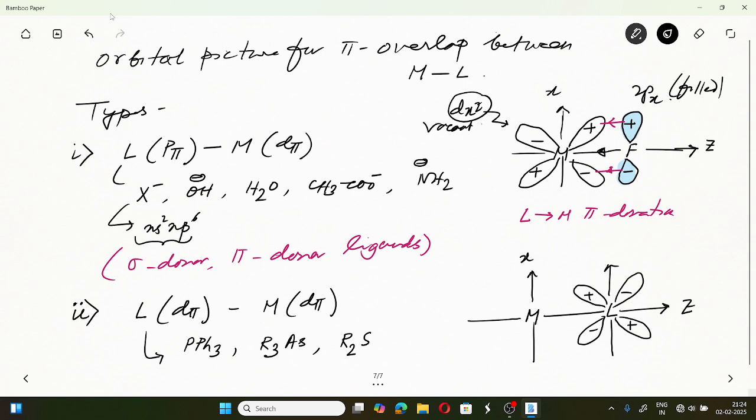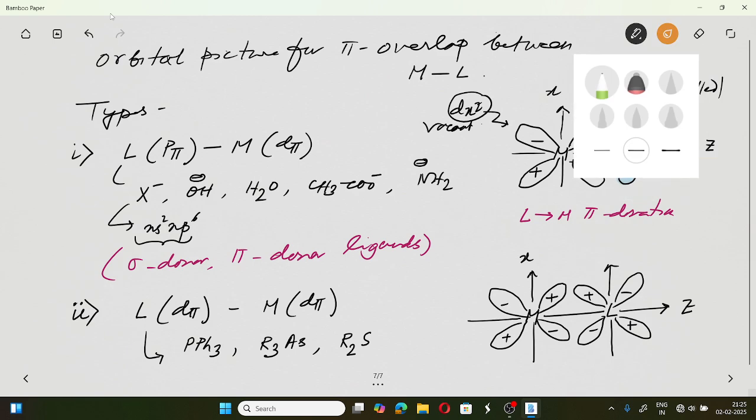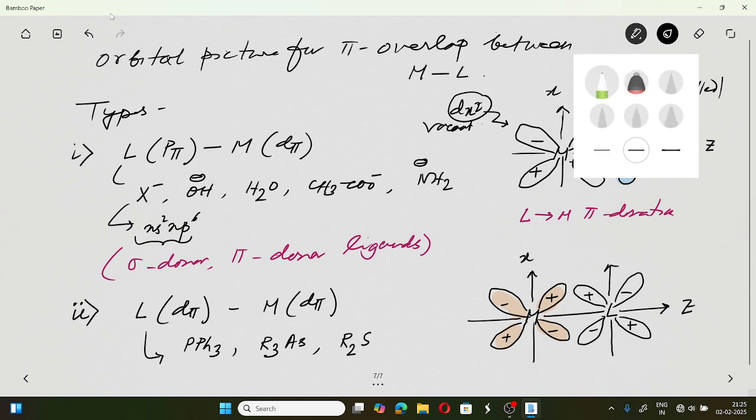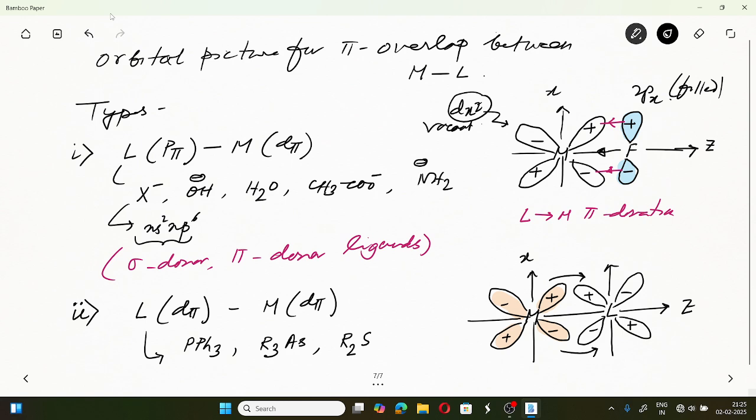And for the metal, in this case, the metal should have filled d orbital in order to participate in pi bonding. Now such metals, the metals which should be involved in this type of pi bonding, should have excess d electrons. That means the metal should have filled orbitals. Here you see this metal having filled orbital, and there will be metal to ligand pi donation.